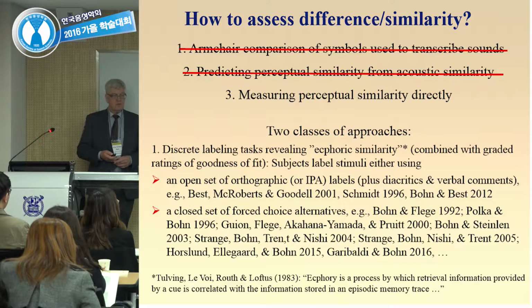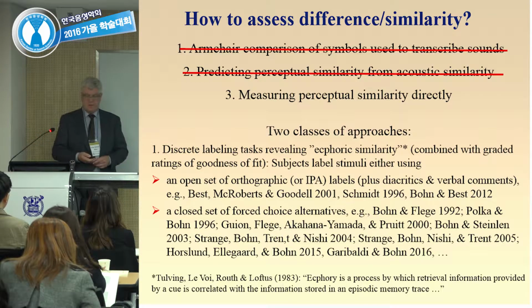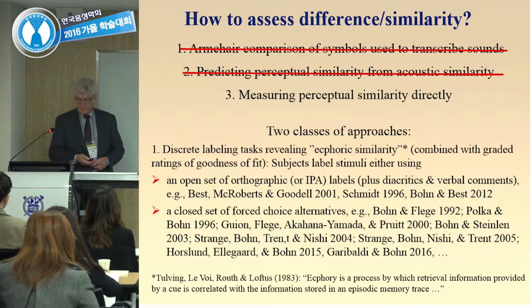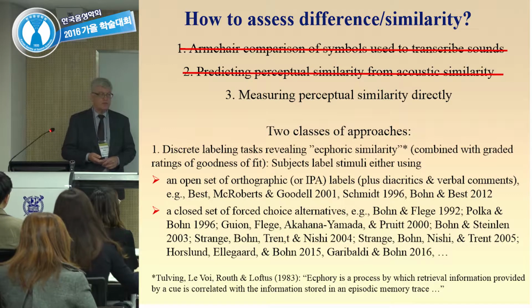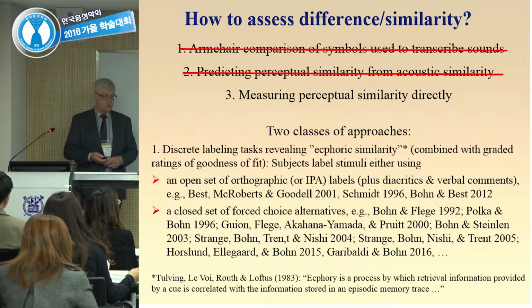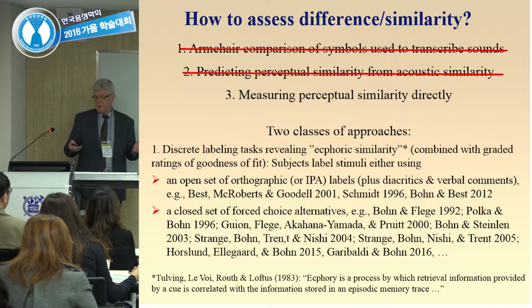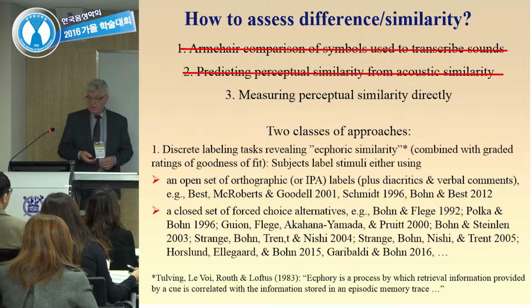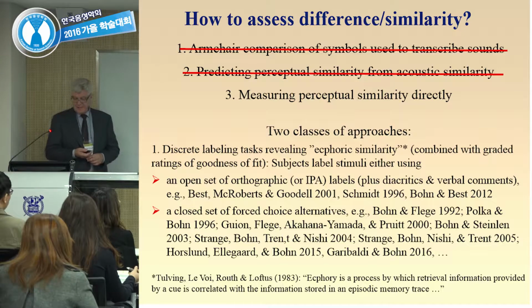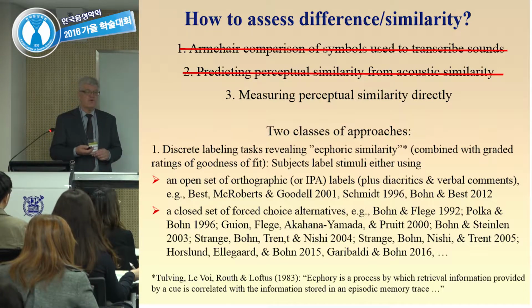So what we have to do is measure acoustic similarity directly. Okay? And there are two classes of approaches which I will present to you, and then we'll have to see which one of these is perhaps better or not, or maybe if there's any difference at all. The first one is a discrete labeling task, and this involves something, a foreign word that I had never encountered before I read about Tulving.